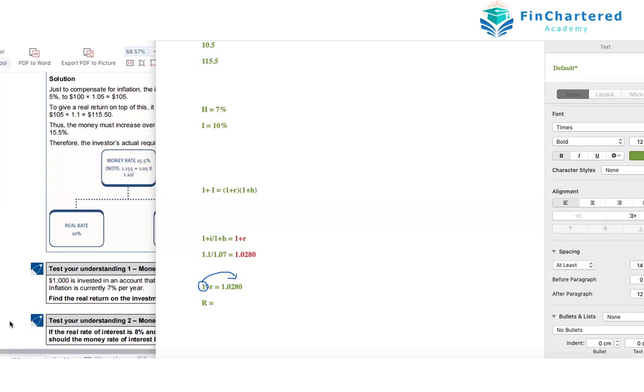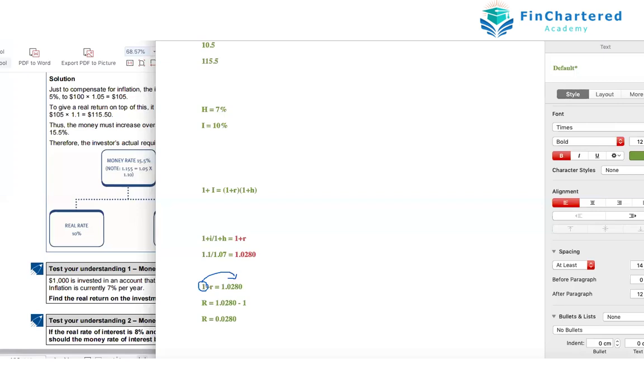So R is equal to 1.0280 minus 1, which is 0.0280.